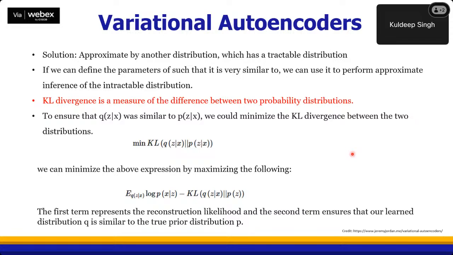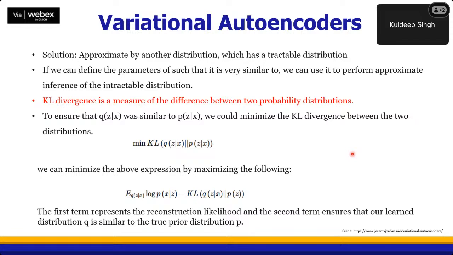So we can define the parameters of this tractable distribution Q(Z|X) such that they are very similar to the distribution P(Z|X). And now we can use them to perform the approximate inference of this intractable distribution.